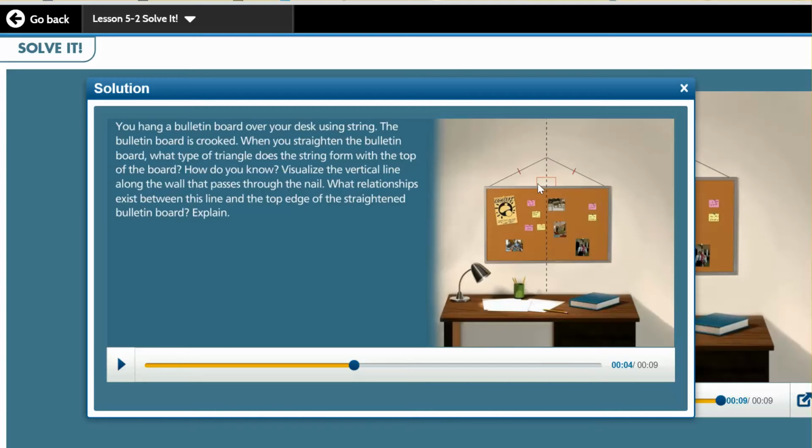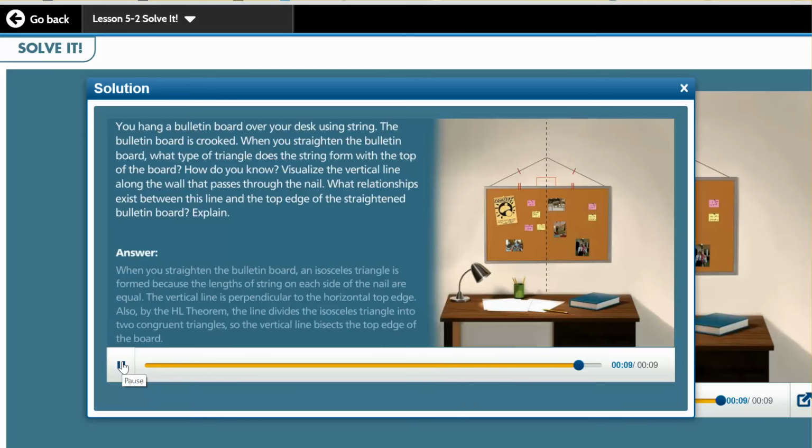So by side, angle, side, the two triangles would be congruent. And if the two triangles are congruent, then these two sides would have to be congruent as well, which end up being the hypotenuses in both of those triangles. And that's just the example, or the answer, that they give on the solve it activity.